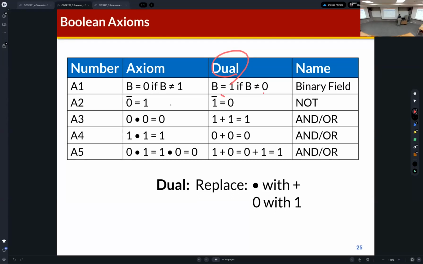And then 1 or 0 is equal to 0 or 1, which is 1. Actually, these parts define the AND operation, and this part defines the OR operation, right?